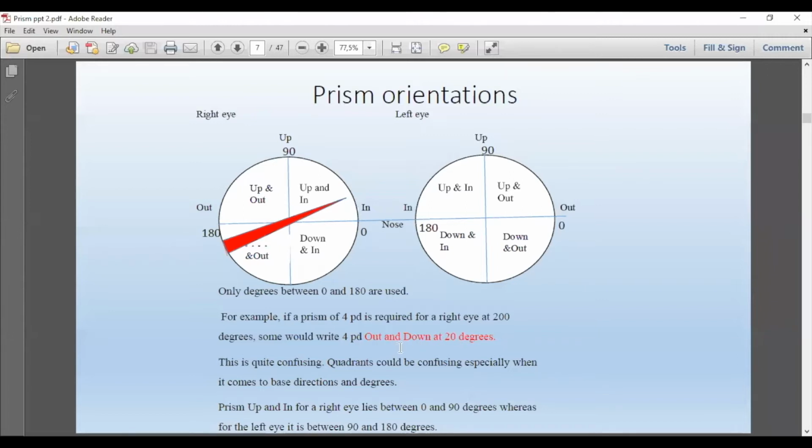I don't know if there are any people here that do it like this. In other words, there you've got 20, and 20 over there obviously is going to be up and in. But if you write out and down at 20, so that means the base is in the opposite direction.